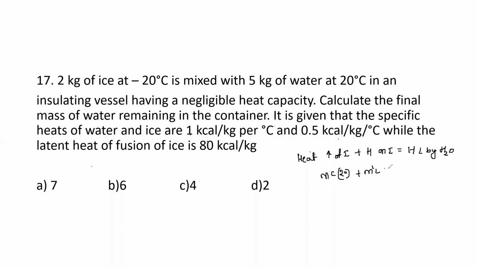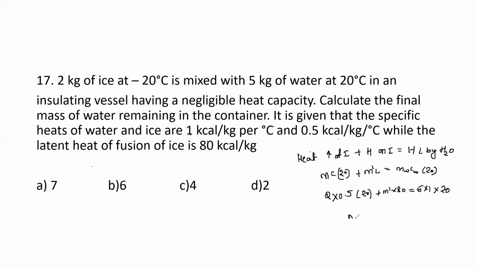or we can take it as m dash is equal to mw into Cw into 20. So substitute the value, that is 2 into 0.5 into 20 plus m dash into 80 is equal to 5 into 1 into 20.